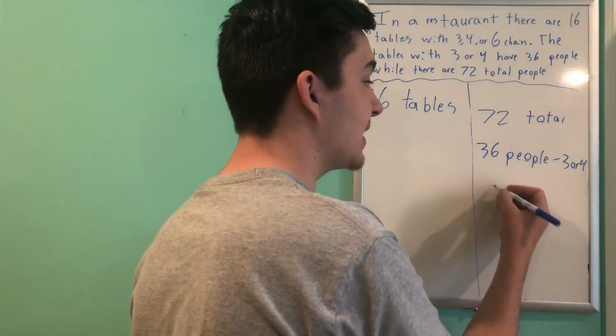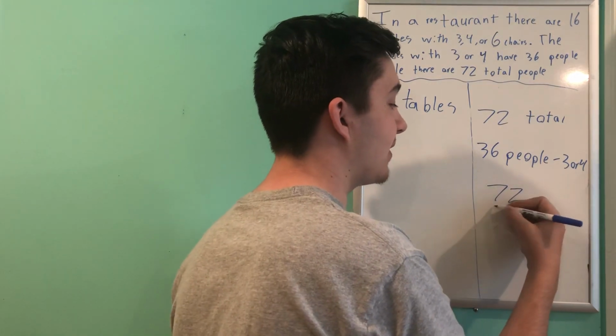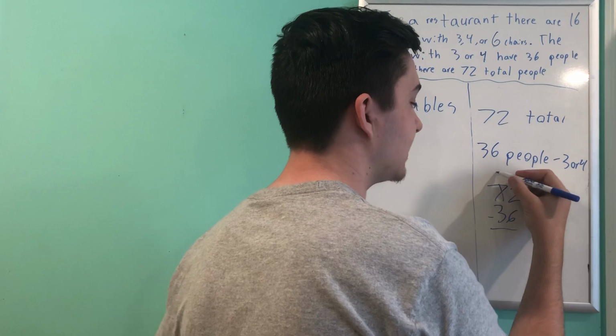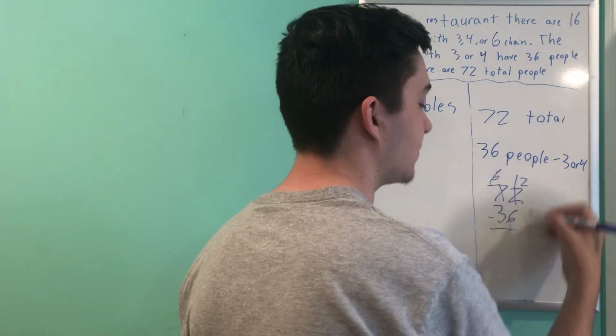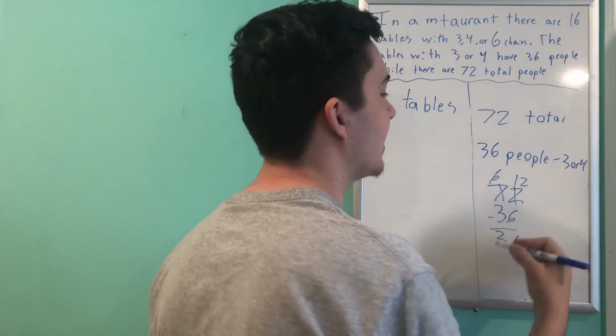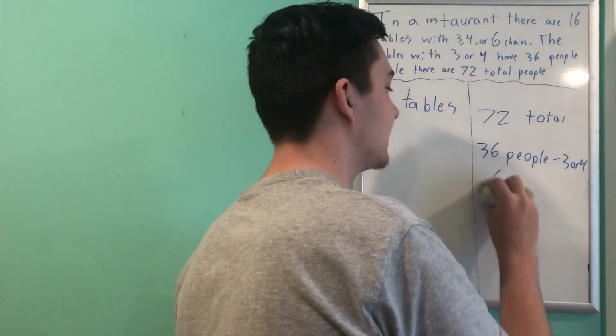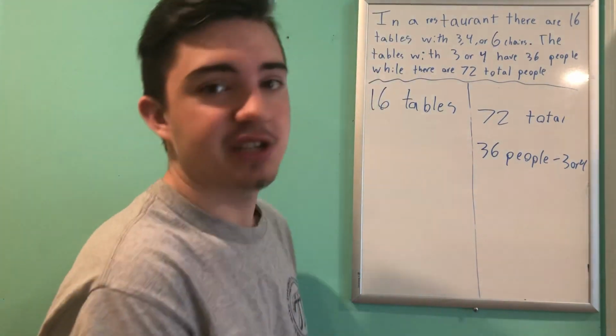So that means 72 minus 36 will give us the amount on 6 tables, right? So 7 goes to 6, 2 goes to 12, 12 minus 6 is 6, 6 minus 3 is 3. So that means there are 36 people sitting on the tables with 6 chairs, right?